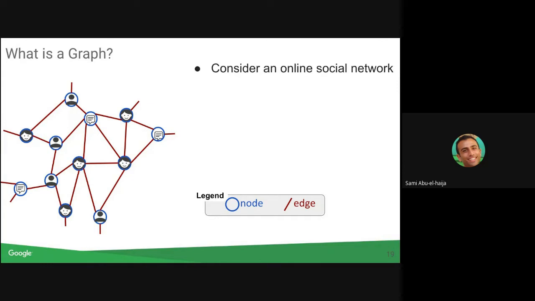For example, you can think about an online social network. You can put this online social network in the shape of a graph. Here, every node could be a user, or maybe a comment or a post on the social network. And an edge could mean an interaction. Maybe if 2 people are friends, you have an edge between them, or maybe if someone liked the post, there's an edge between them, etc.